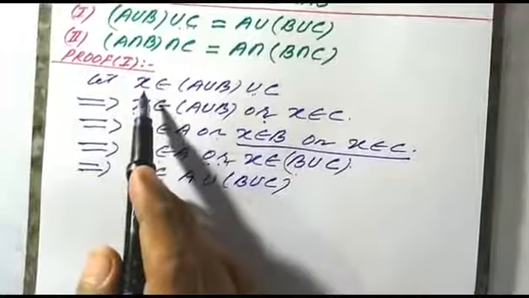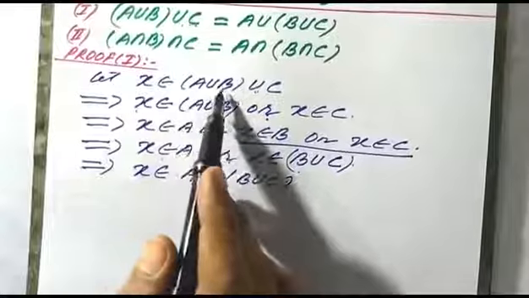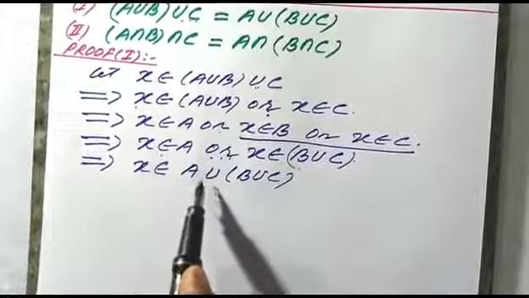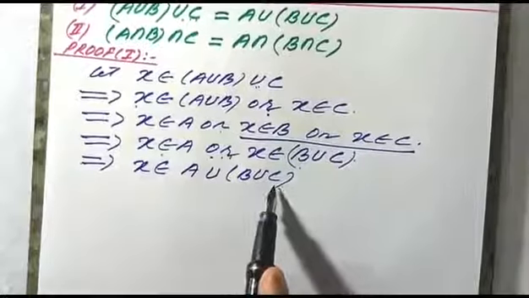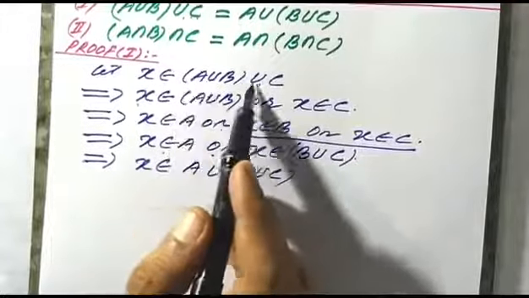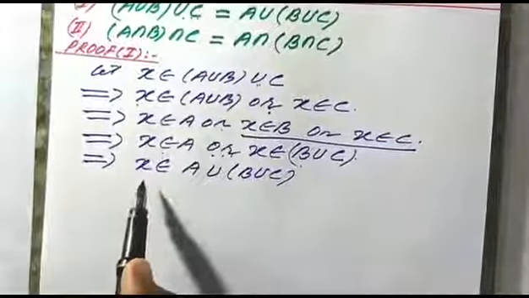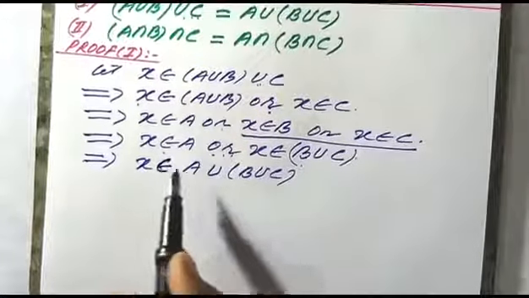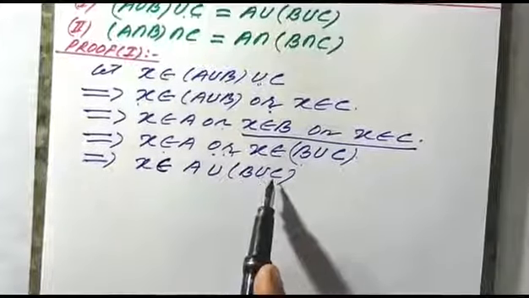So it implies X belongs to A union (B union C). So taking an arbitrary element from (A union B) union C, we have proved that X belongs to A union (B union C). That means if X belongs to (A union B) union C, it must belong to A union (B union C).